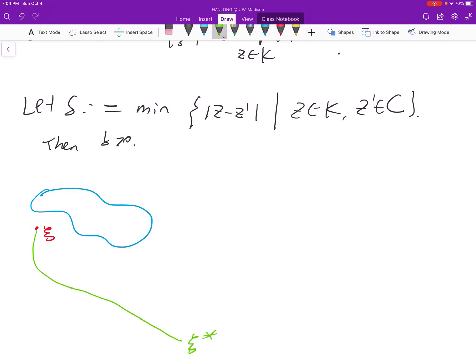Probably this is the origin. Okay, then you consider the distance between two compact sets, C and K. If the distance is 0, there must be a point in the intersection of C and K, which is a contradiction. Therefore we always have delta bigger than 0.